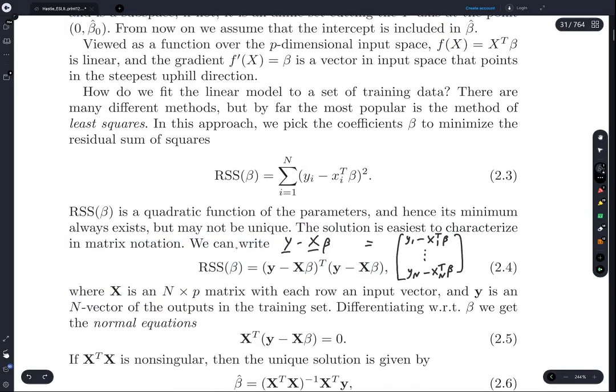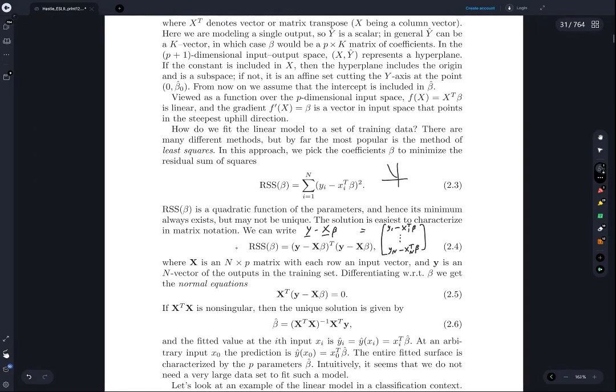So let's say you have this function, y equals x squared. This is the x-axis, this is the y-axis.